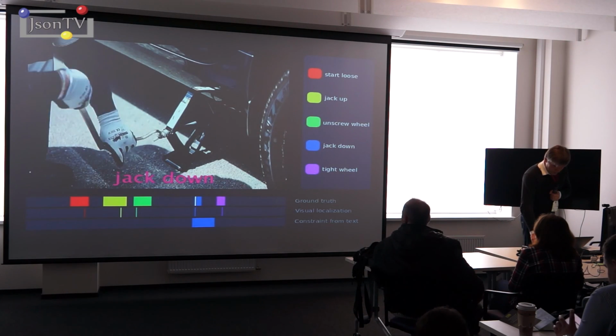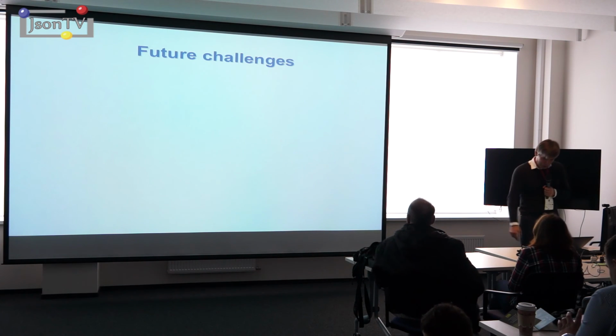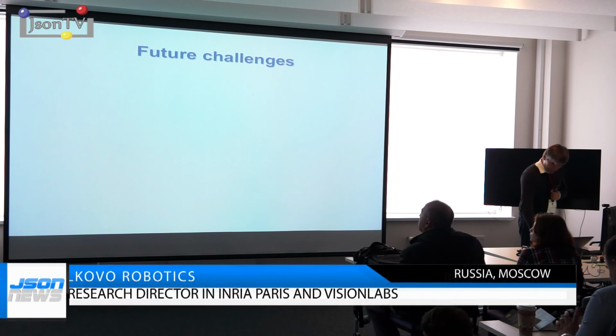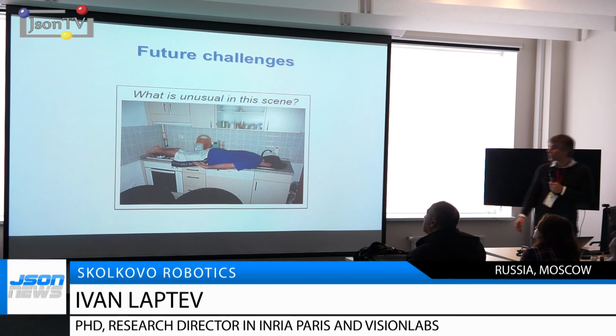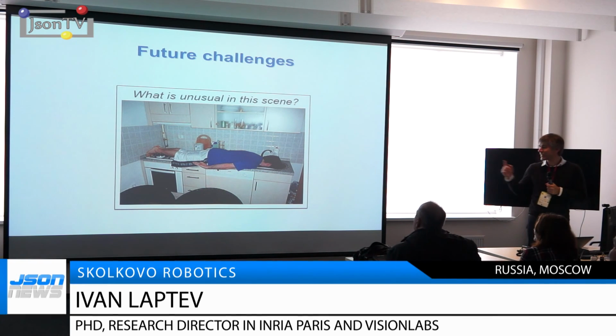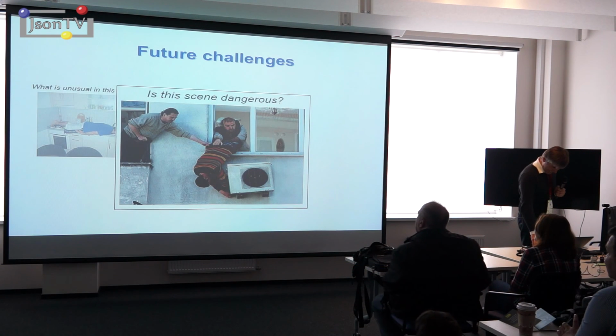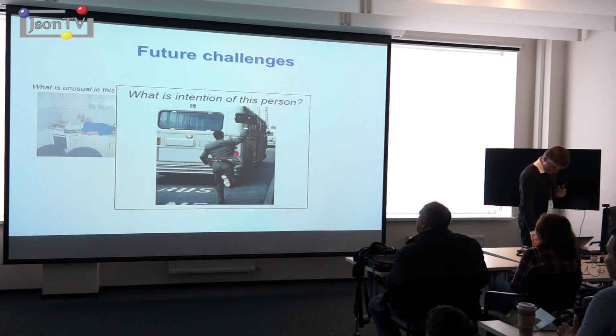And just one last slide about things which I think are completely open, so we don't know how to do them. Imagine you have this image and this question. Actually, this is not so unusual. Do you know what this is? Yes. Right.